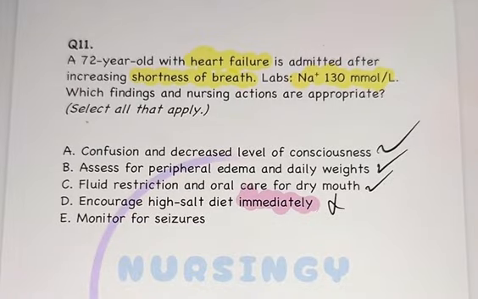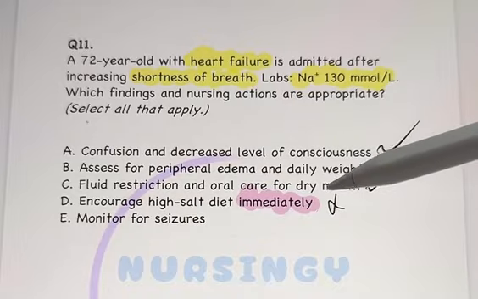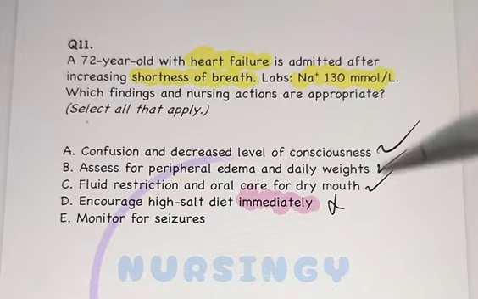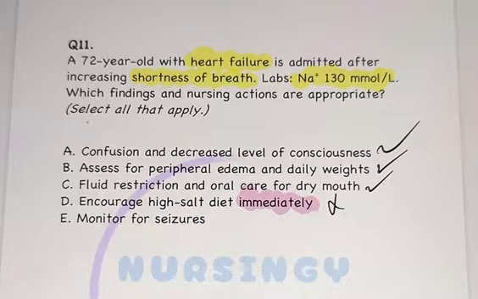Salt restriction, if you are giving too much salt, it is going to accumulate too much water, and that is going to put effect on heart and respiration. So we don't want to increase that. Our goal should be to reduce the fluid. Sometimes they will have diuretic.